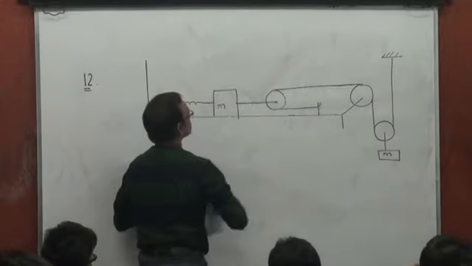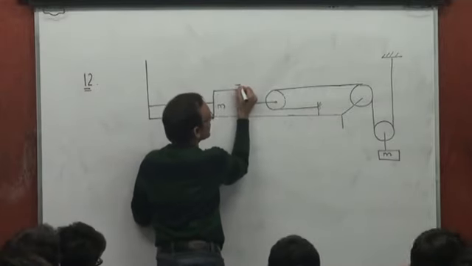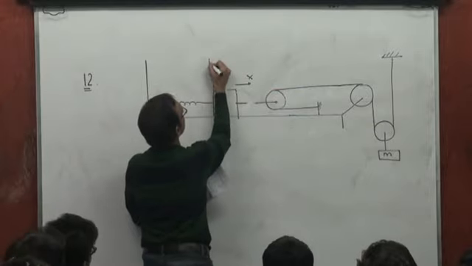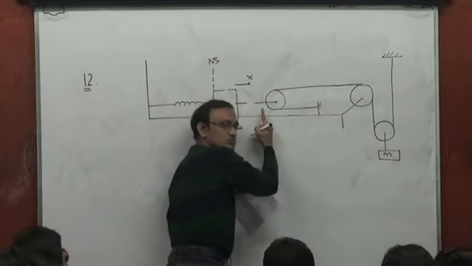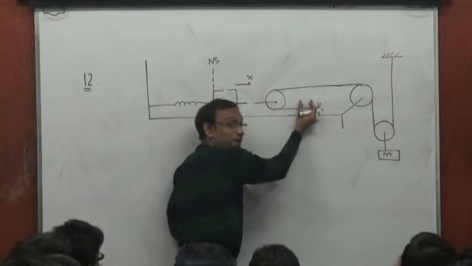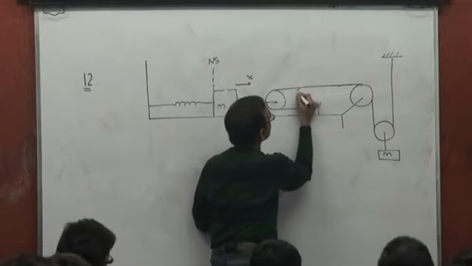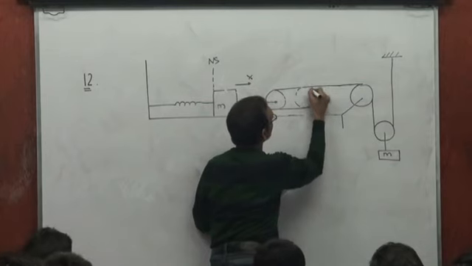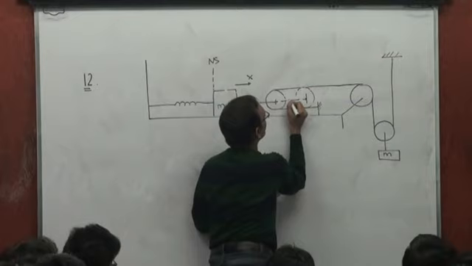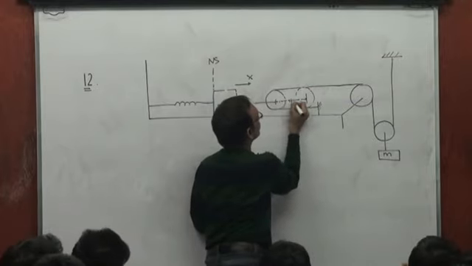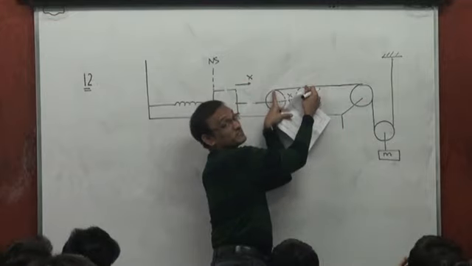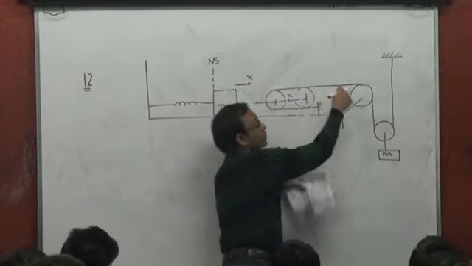Now, while this mass m moves to the right by an amount x, this is the natural state of the spring. While this mass moves rightwards by an amount x, this pulley would move to the right by an amount x. It will then leave 2x units of string free.